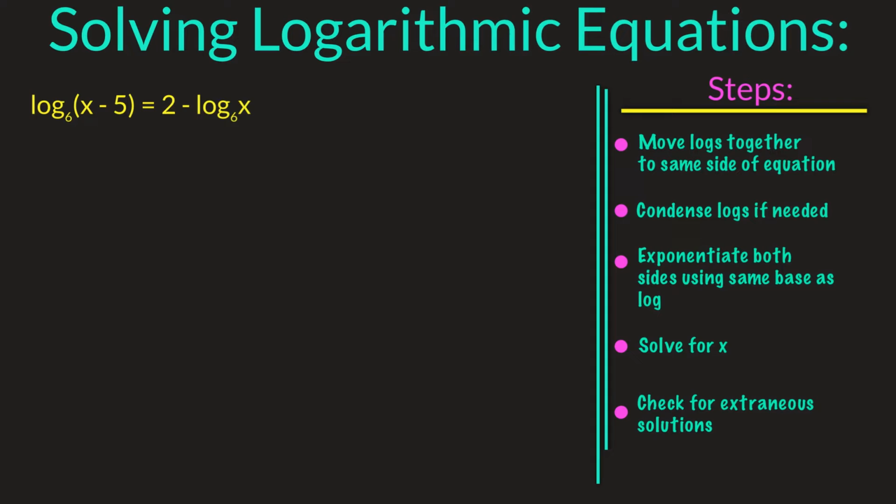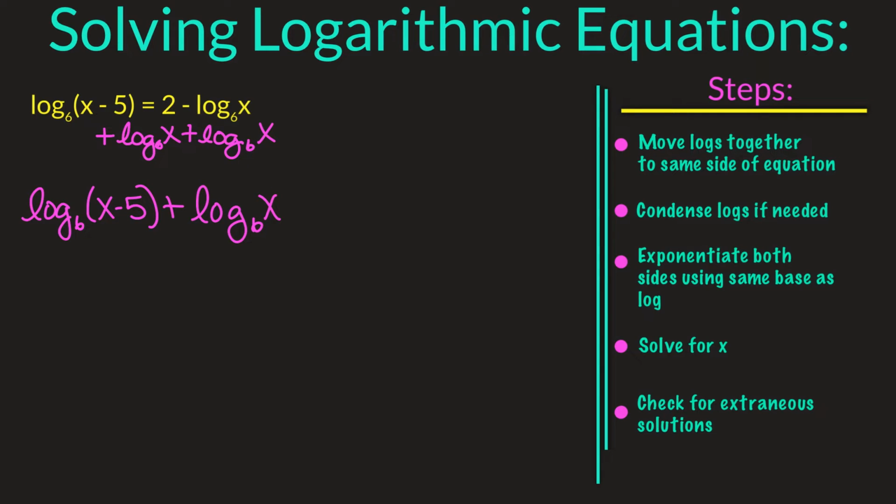On this first one, you need to get your logs on the same side of the equation. So let's go ahead and move this one by adding it to the other side. That's going to give you log base 6 of x minus 5 plus log base 6 of x equals, now since I added that over, then it's just equal to 2.